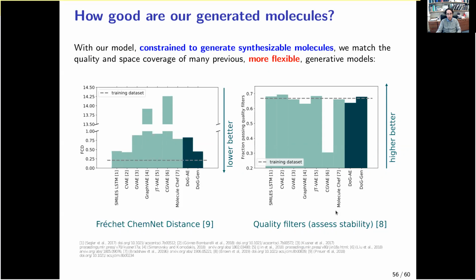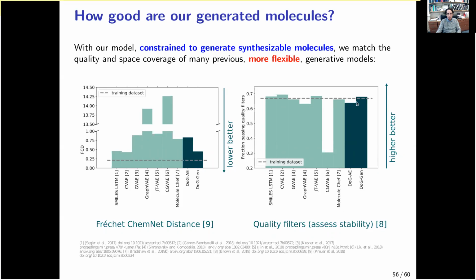The other metric that we look at is the quality filters from the Wack-A-Mole benchmark, and here higher is better, and this represents the fraction of the generated molecules that pass those quality filters that assess how stable or non-reactive are the molecules that we generate.